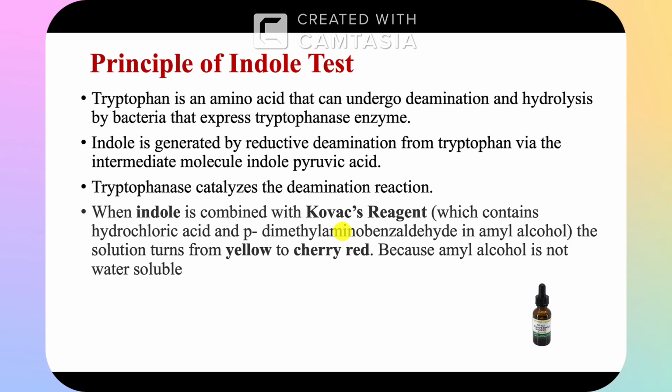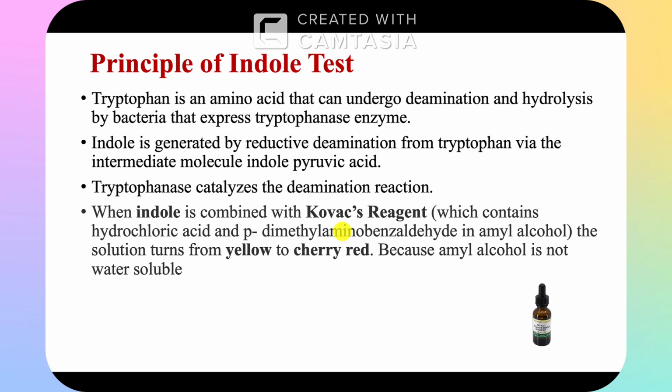The indole is generated by reductive deamination from tryptophan to an intermediate molecule, indole pyruvic acid. This is explained in the metabolic procedures, and tryptophanase catalyzes the deamination reaction.